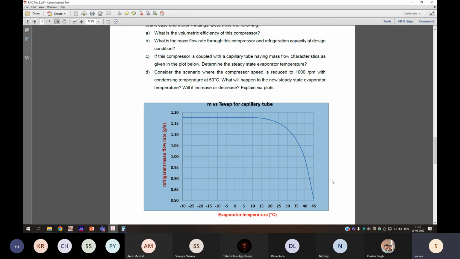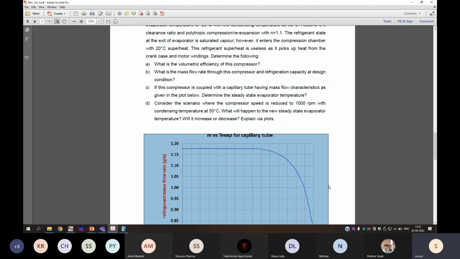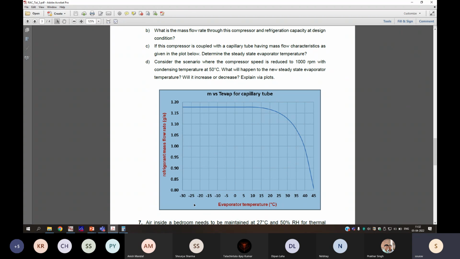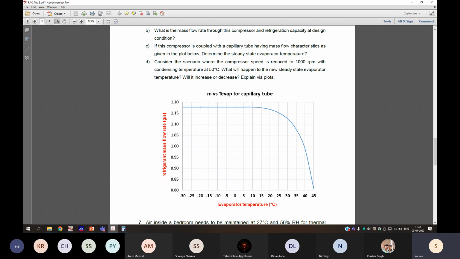Okay, so now this becomes a hit and trial problem. Assume that the evaporator temperature is -20. Get the mass flow rate through the compressor. Check at -20, what is the mass flow rate delivered by this capillary tube? If they do not match, you check what is the difference, and based on that, you will have to make the next guess.